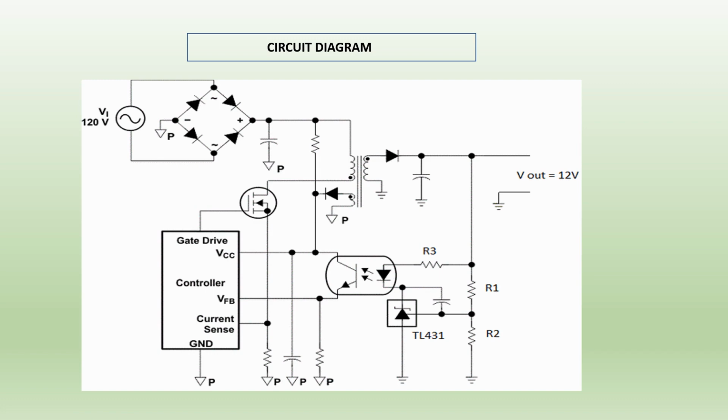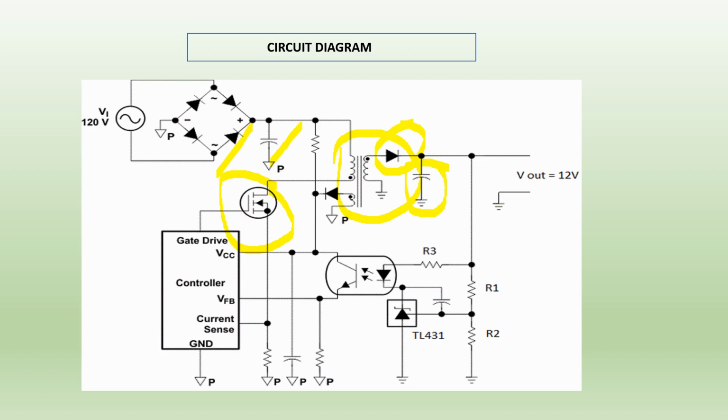Here you can relate to the previous block diagram. AC is applied to the rectifier block. This is our rectifier block. Then after rectifier, the filtering is done. After filtering, you can see the switching action. Then your transformer block. Again, the rectifier, and then your filter output.